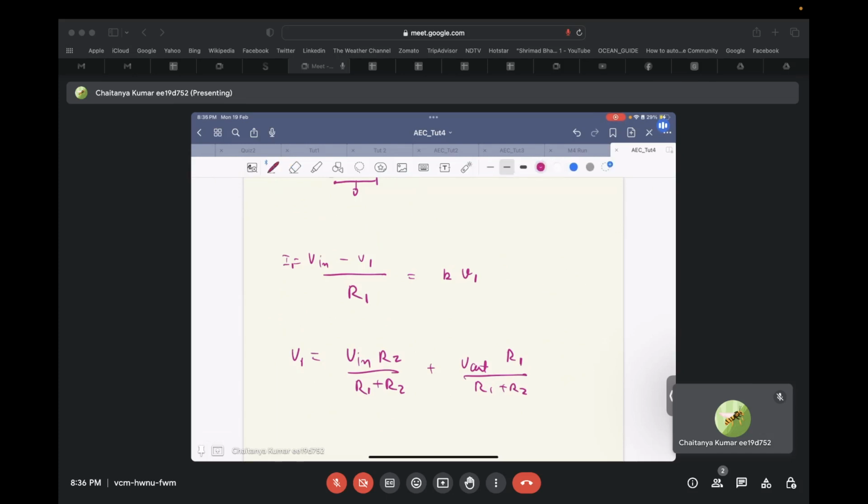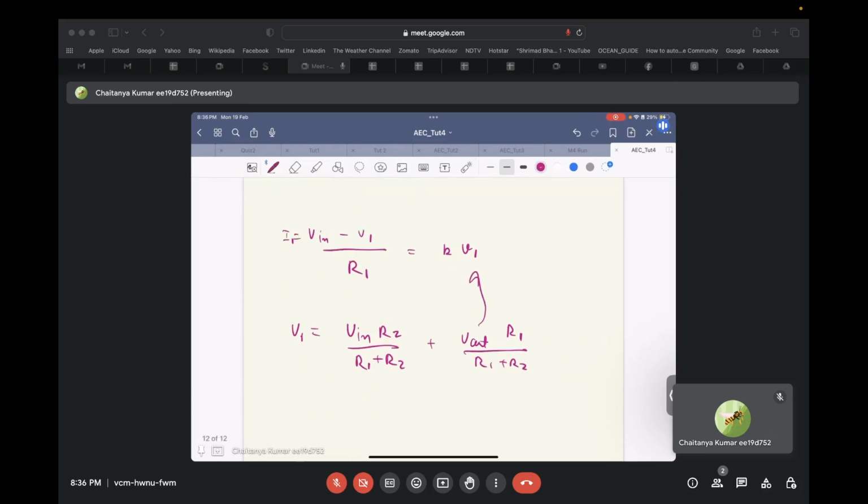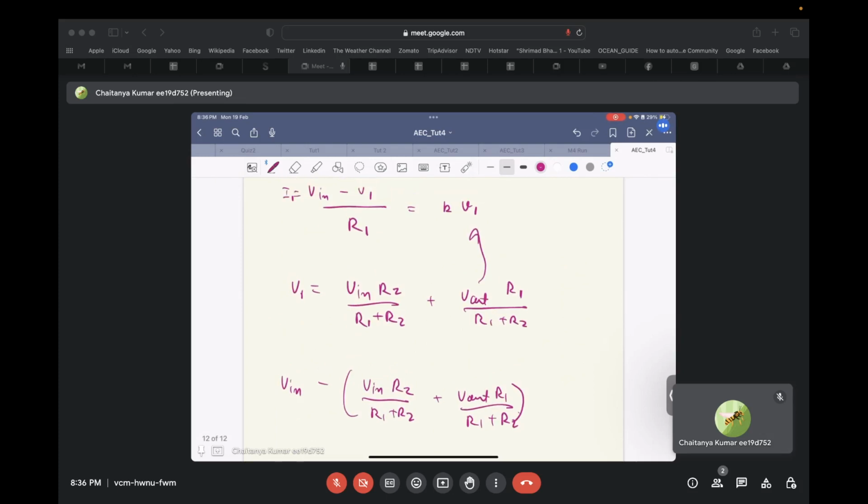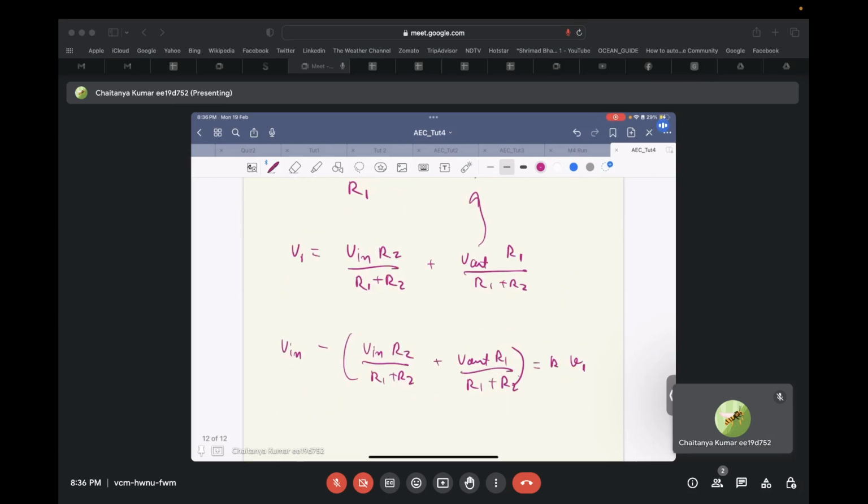If we substitute it in the above equation, we get Vin minus Vin R2 upon R1 plus R2 plus Vout R1 upon R1 plus R2 is equal to K times V1, which is also this equation.